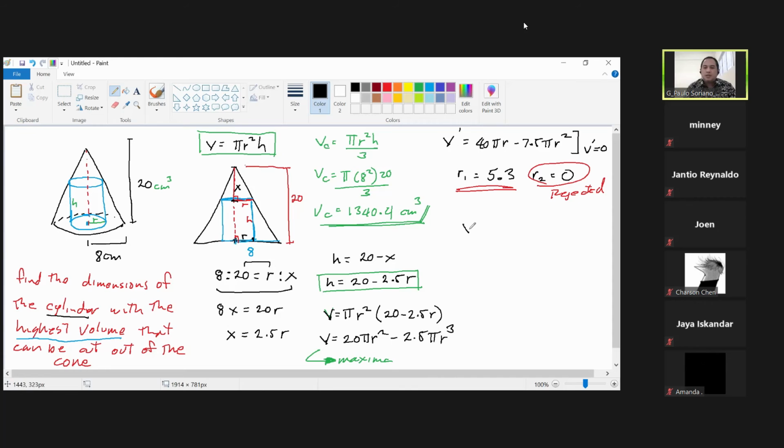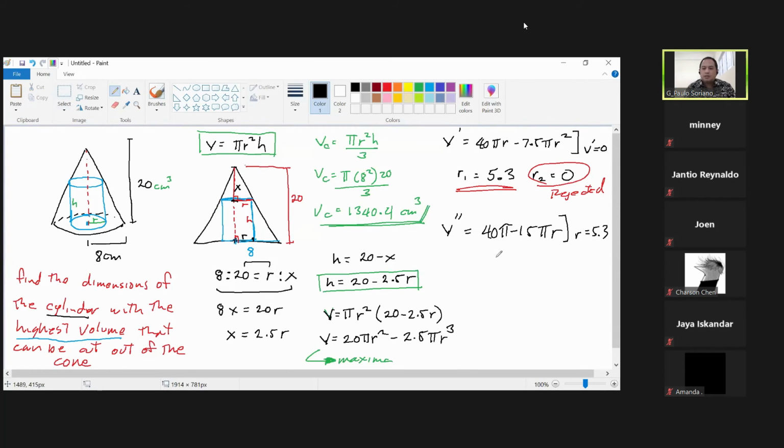So v prime prime based on this, what will you get? 45 minus 15 pi r. And this time we need to evaluate this one at r equal to 5.3.